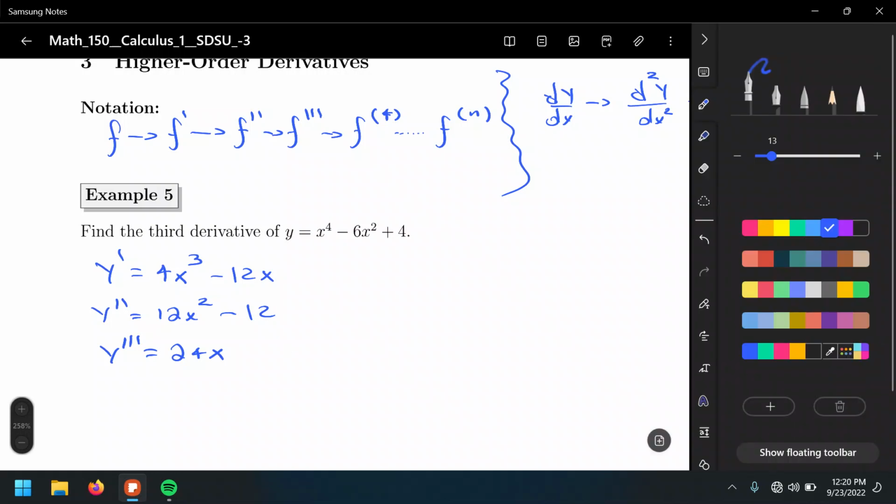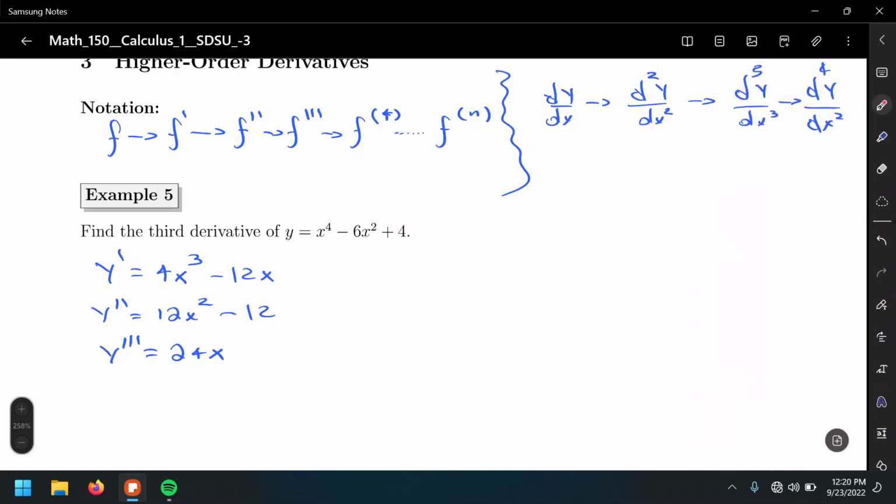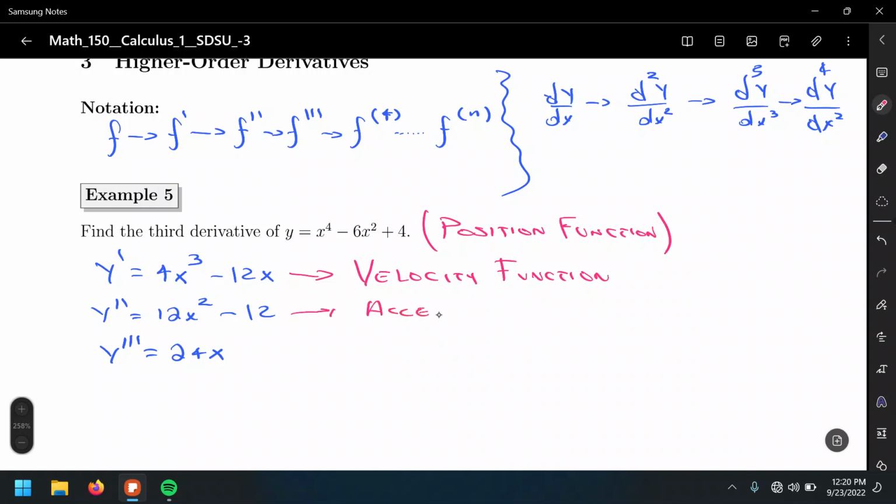Now, just jumping a little bit ahead of the game, as applications. The original function, the given function, represents in physics a position function. The derivative represents the velocity function. And the second derivative represents the acceleration.